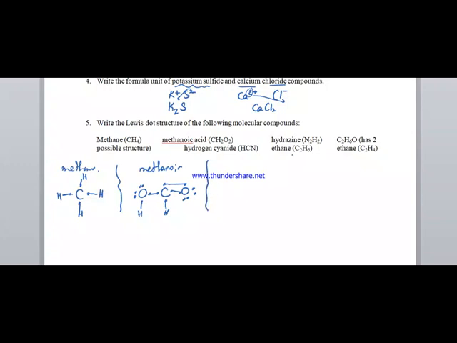Hydrazine, we have 2 nitrogen and 4 hydrogen. We write the Lewis dot symbol of nitrogen, and we have 5 valence electrons for each one. Then we share, these pairs are joined to each other forming a single covalent bond.